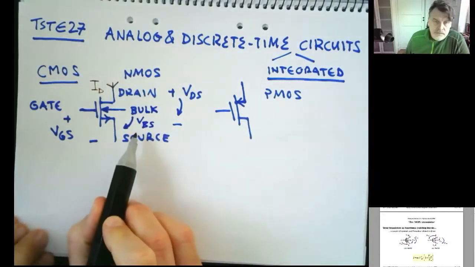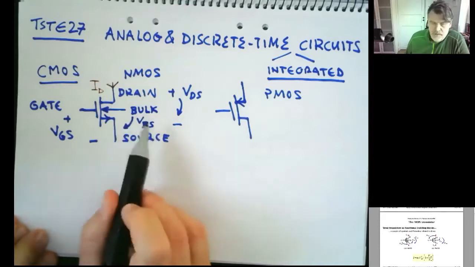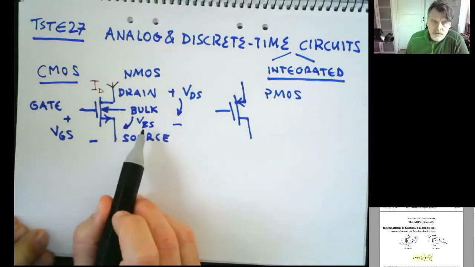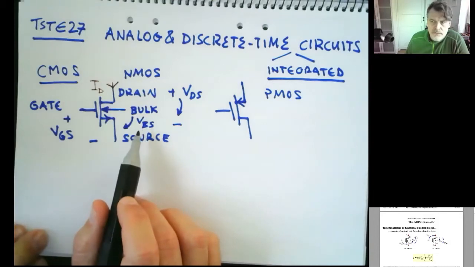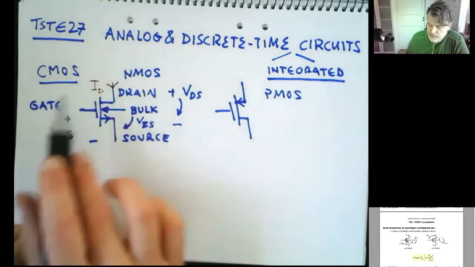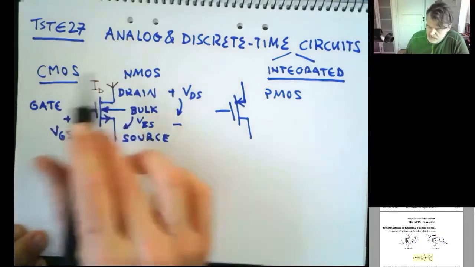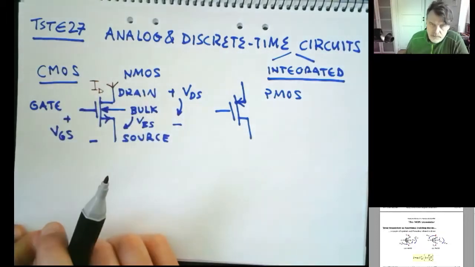In this course, there are some exercises or comments here and there about the bulk source voltage, but in general, we omit it for different reasons. One of them is that some processes don't really care about the bulk voltage.